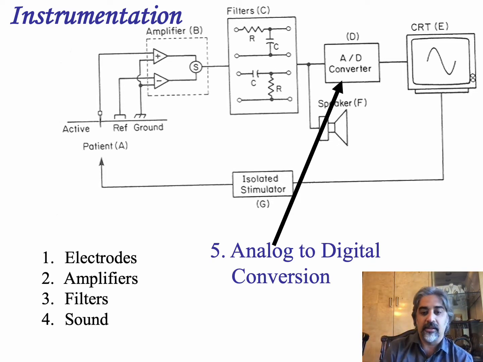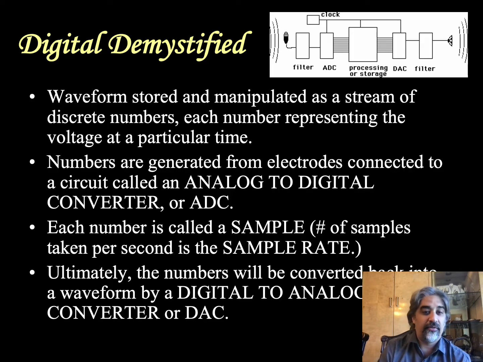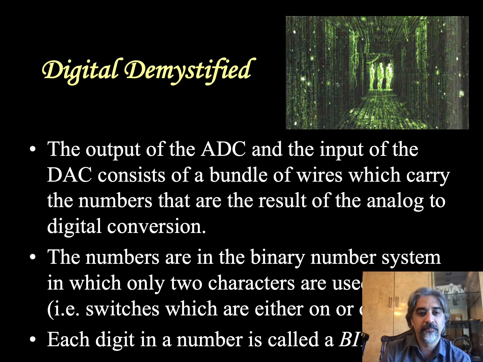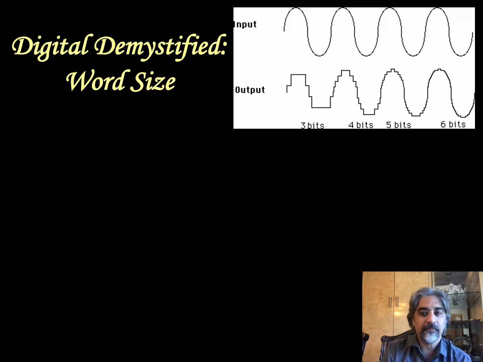So next we get to the computer, and basically all I want you to know is that there's a computer there and it's storing everything in ones and zeros. If you're interested, this is way more than any resident ever wants to know. One thing I do like pointing out is that everything goes in analog, and then once it's stored, it goes in digital.